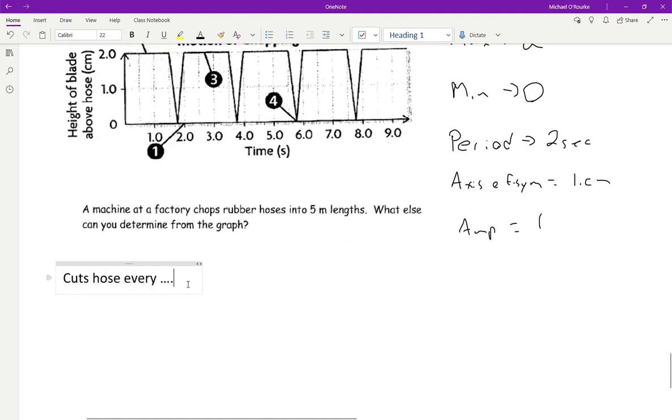The machine cuts hose every blank seconds. Every 5 seconds? Every 2 seconds?